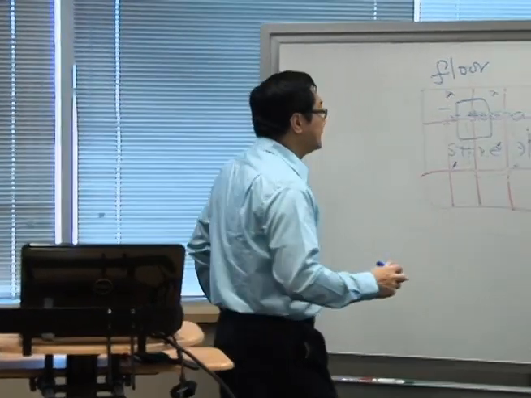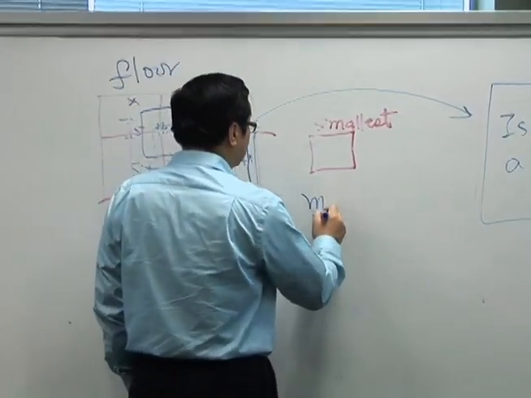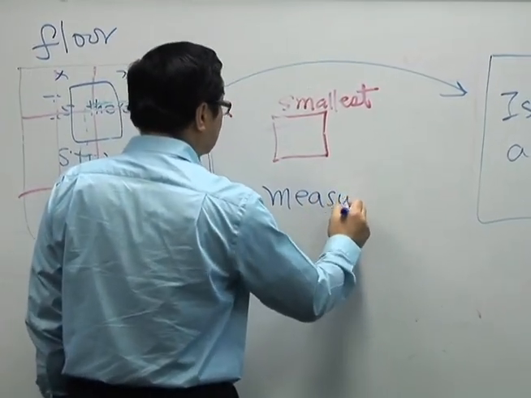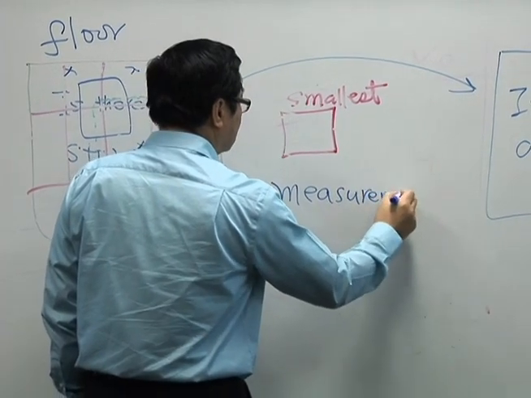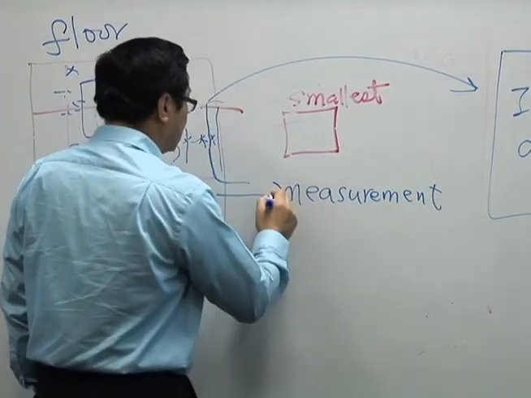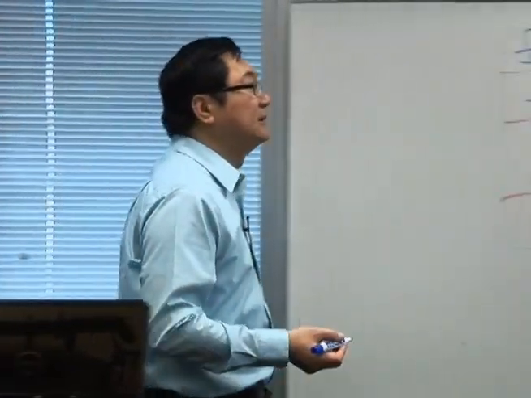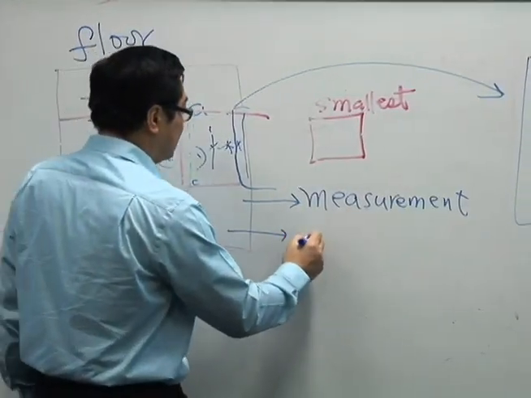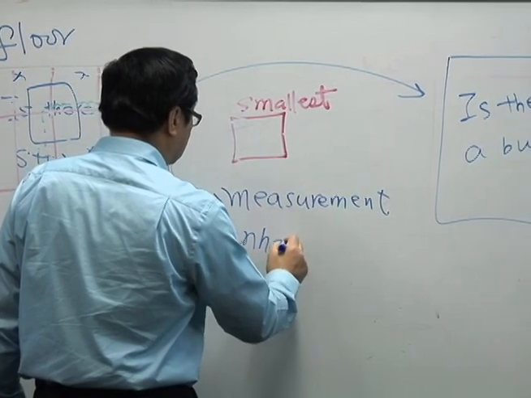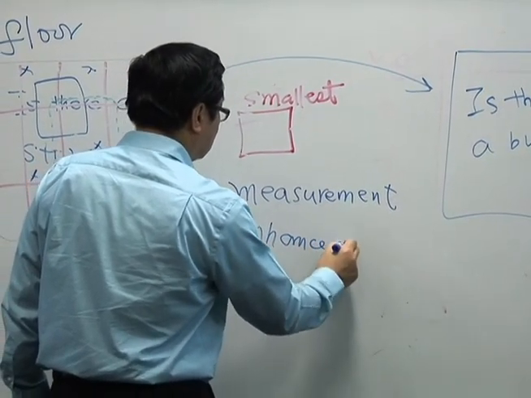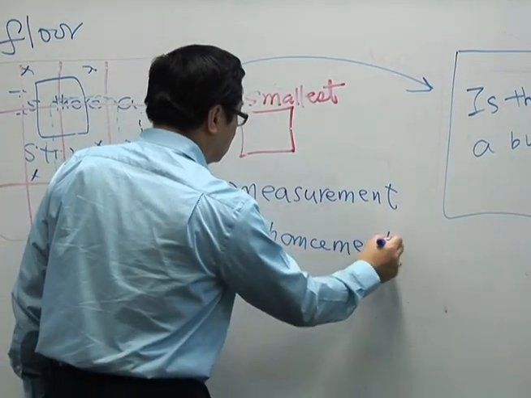The first one is measurements. You need to know what has been covered, what is still missing. The next one is enhancement.